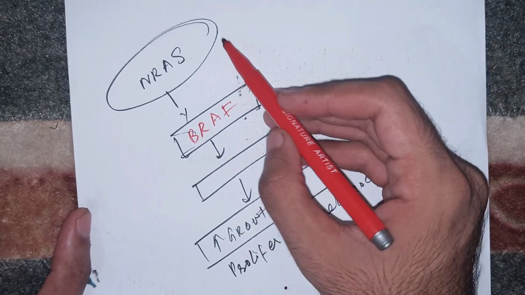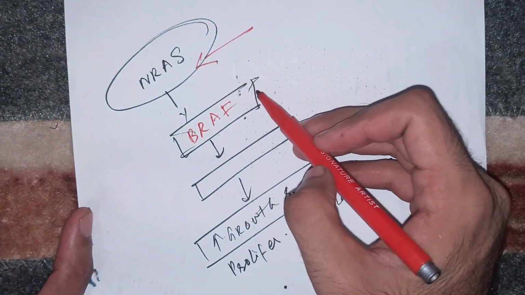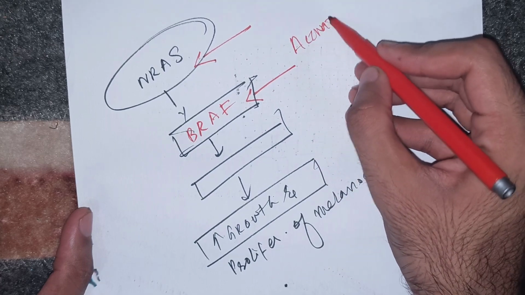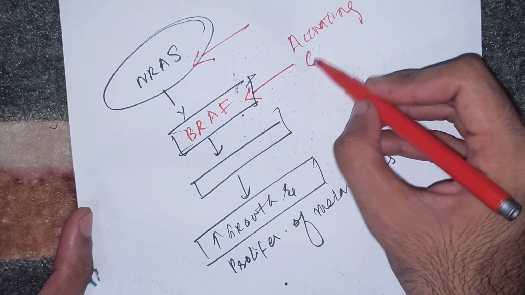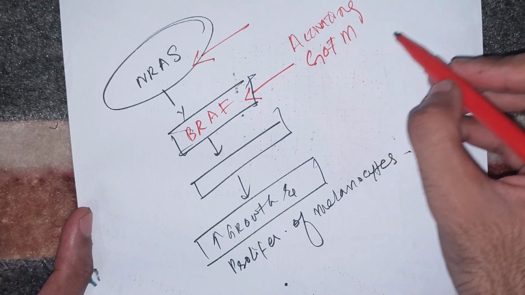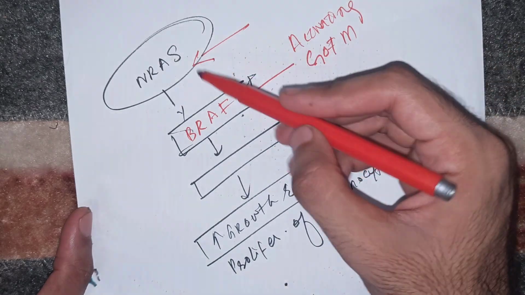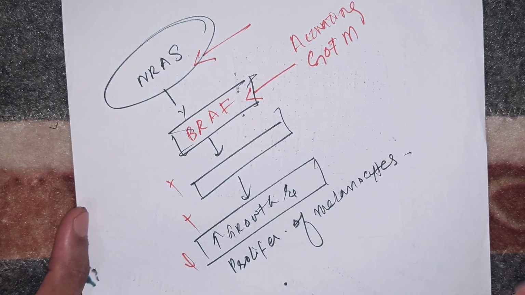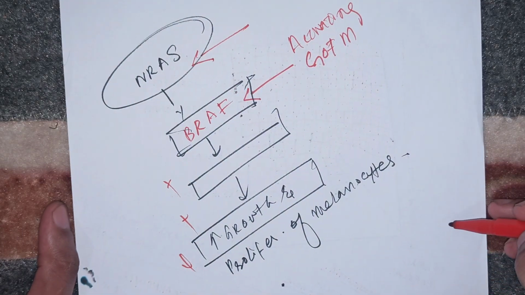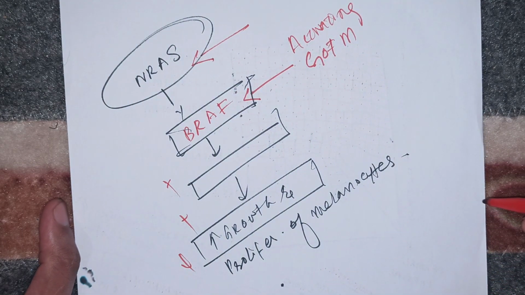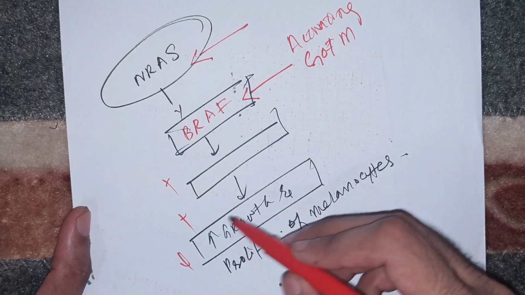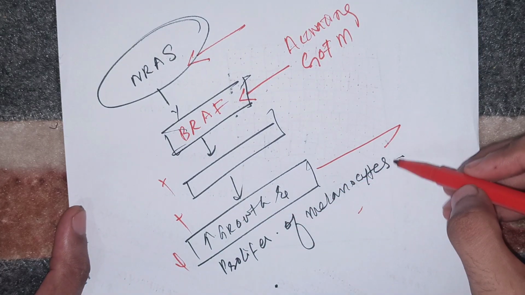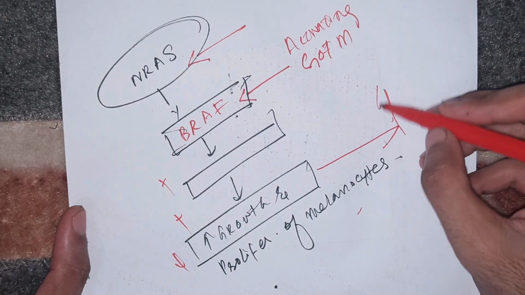If there is an activating mutation in this or this, whether you call it an activating mutation or a gain of function mutation, then what will happen? This pathway will be enhanced, increased. This pathway will be over activated, and there will ultimately be increased growth and proliferation of melanocytes. Okay, when there is increased growth and proliferation of melanocytes, obviously there will be an increased number of melanocytes.